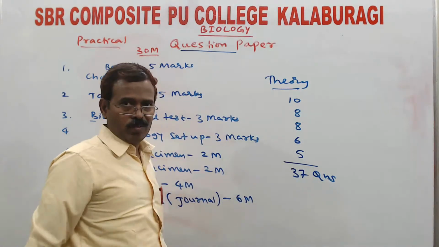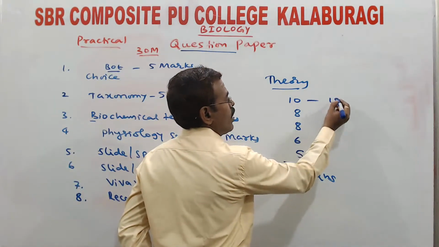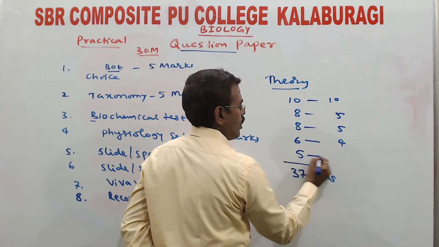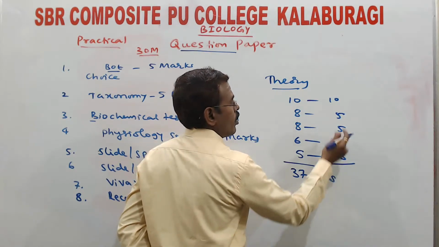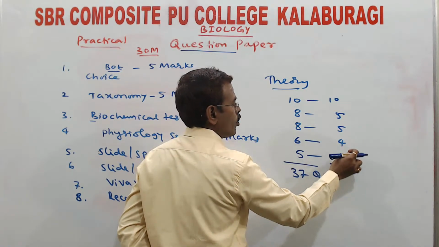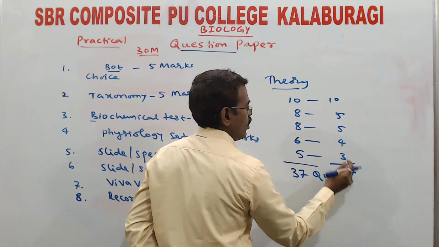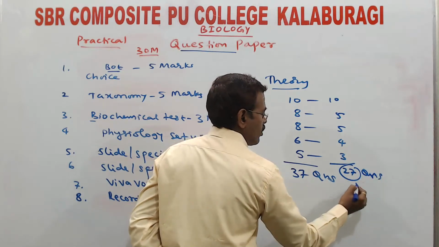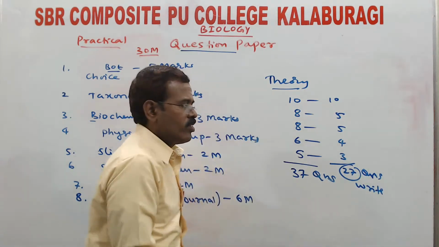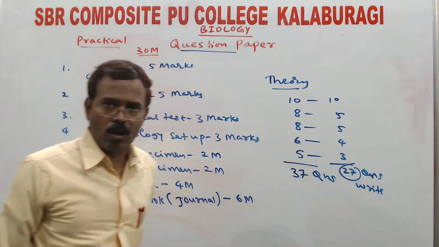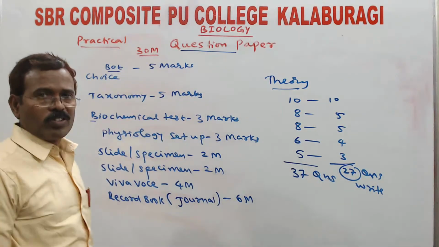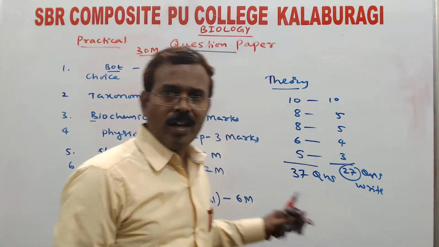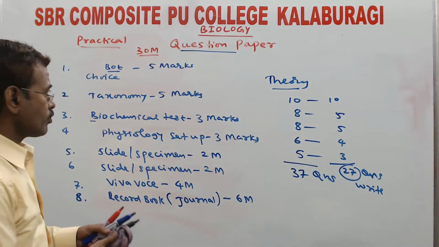Here all the 10 we have to attempt compulsorily, here 5, here 5, here 4, here 3. So total questions we have to write are 27. If time is sufficient, we can attempt additional questions also. So this is about the practical question paper pattern and the theory question paper pattern.